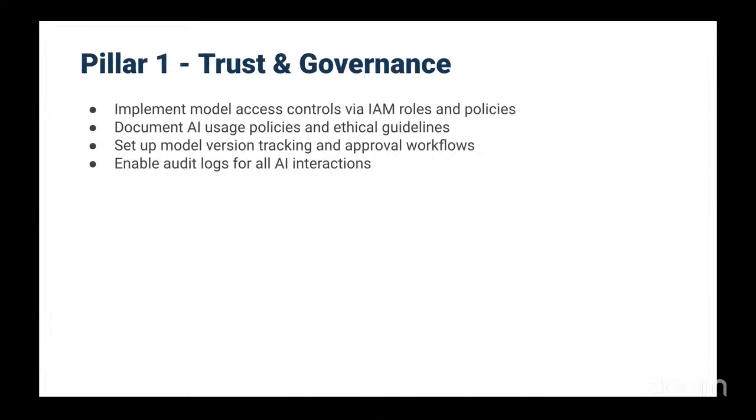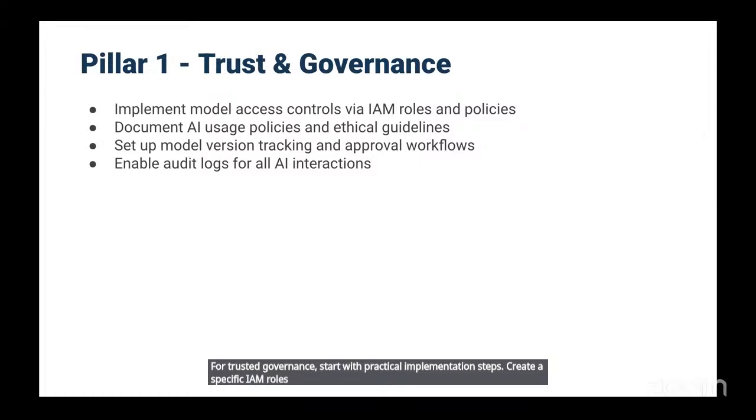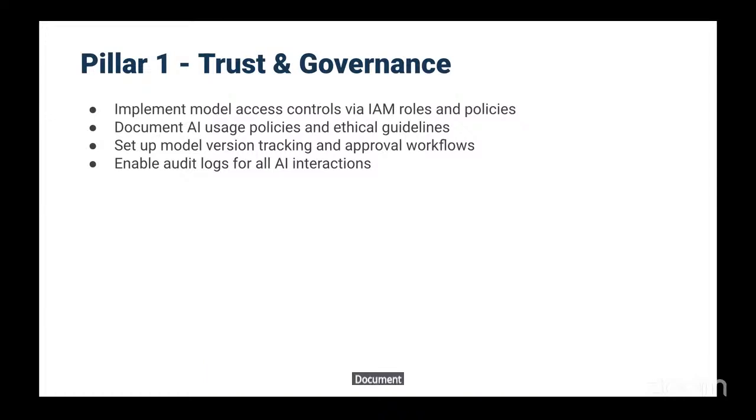And we can talk now about Pillar 1, Trust and Governance. For trust and governance, start with practical implementation steps. Create specific IAM roles that control who can access which models in Bedrock. Document clear AI usage policies that define acceptable use cases and ethical boundaries.